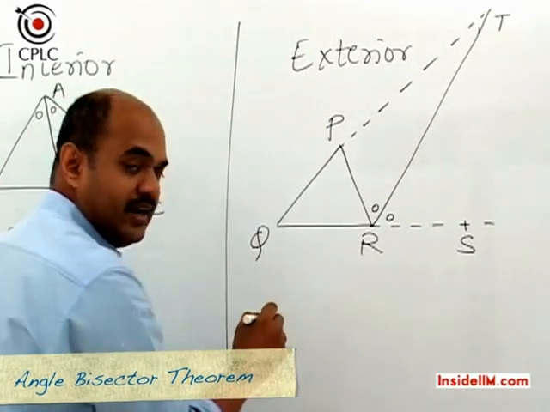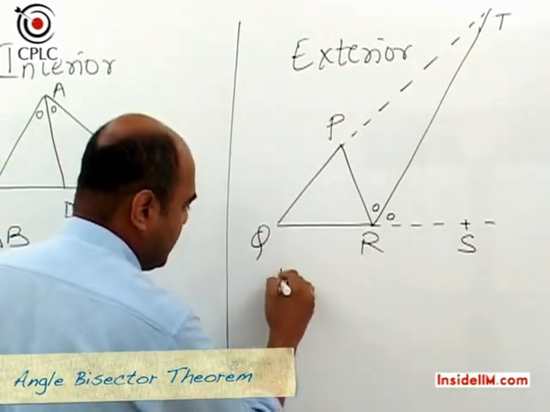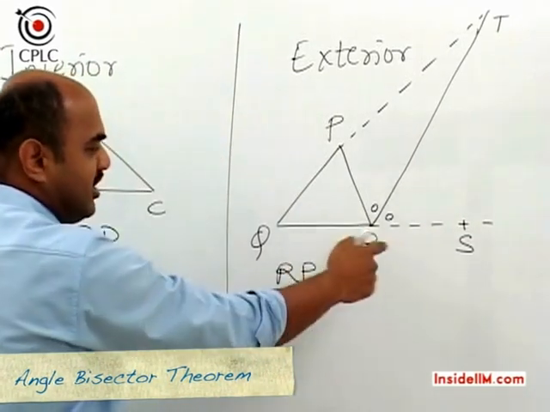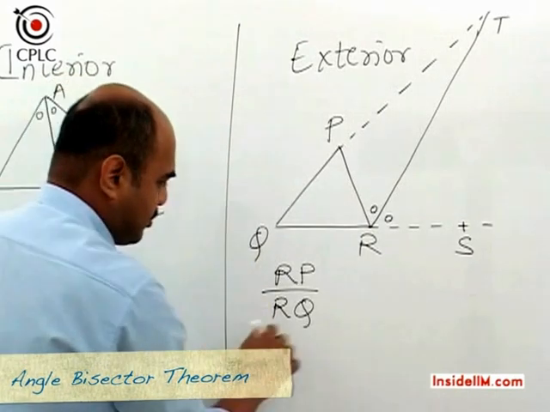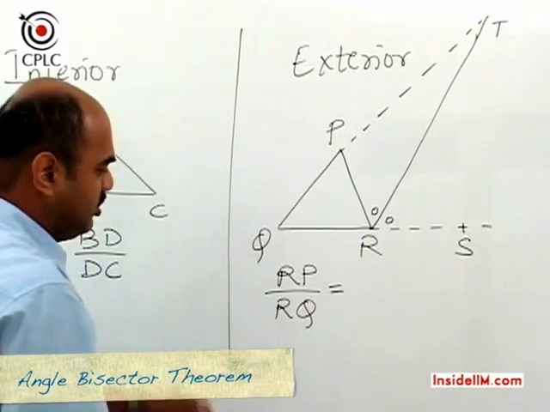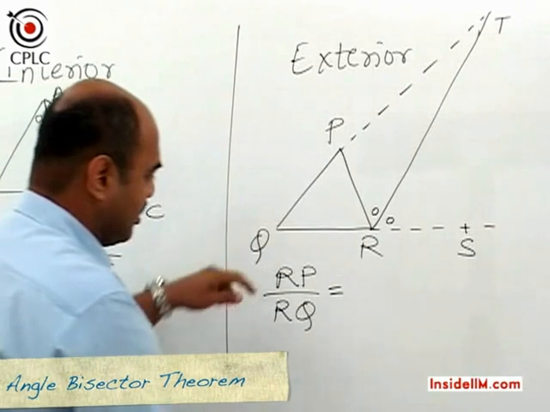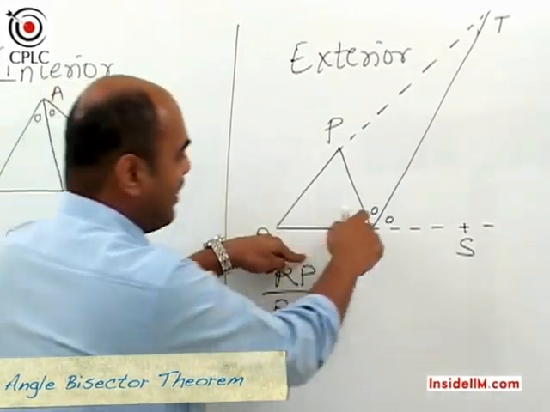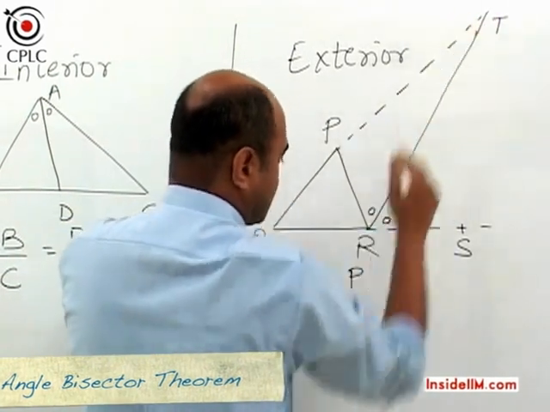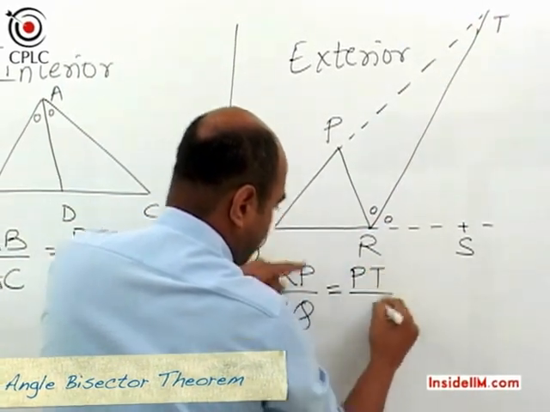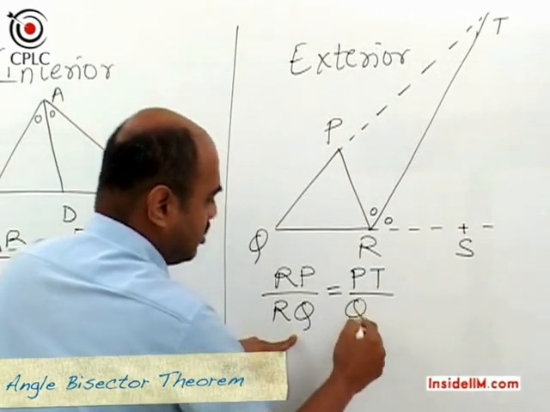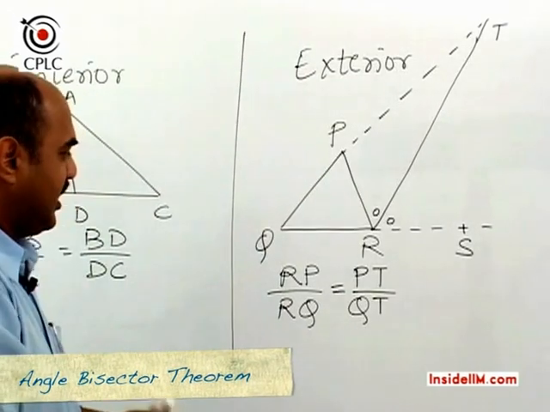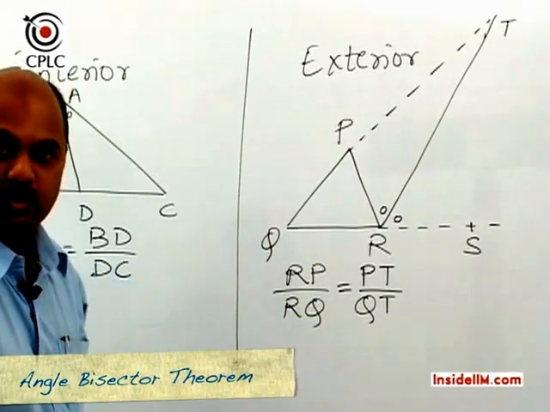So once again, if we write the two sides, which now would be RP upon RQ, the two sides of the triangle, RP upon RQ would be equal to, with similar logic to that used earlier, from P up to the point where the angle bisector meets the third side, and hence up to T, and similarly from Q to that same point where the angle bisector meets the third side, and hence it would become PT upon QT.